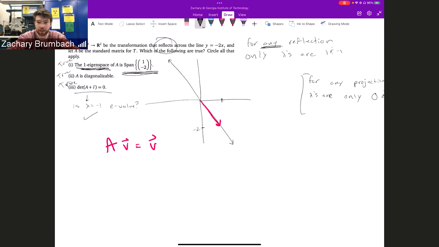Can you go over part I again? Yes. So the one eigenspace of a reflection is what we're reflecting over, okay?